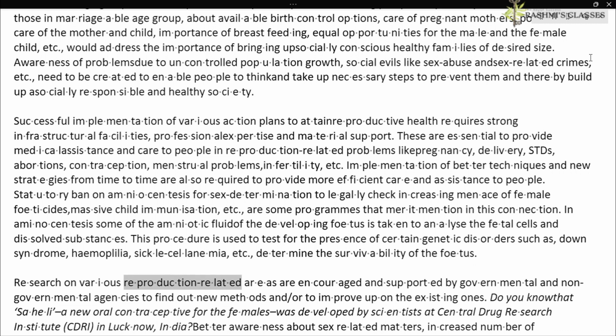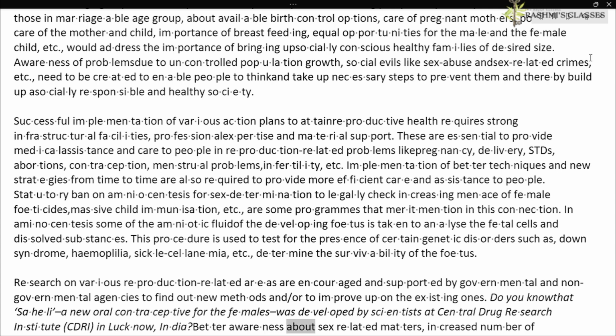Research on various reproduction-related areas is encouraged and supported by governmental and non-governmental agencies to find out new methods and/or to improve upon the existing ones. Do you know that Saheli, a new oral contraceptive for females, was developed by scientists at Central Drug Research Institute, CDRI, in Lucknow, India?